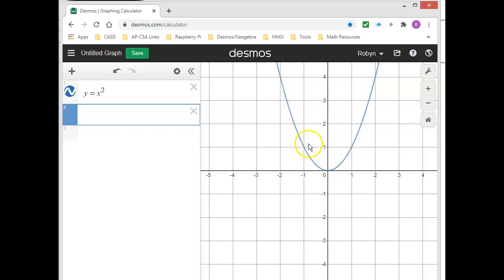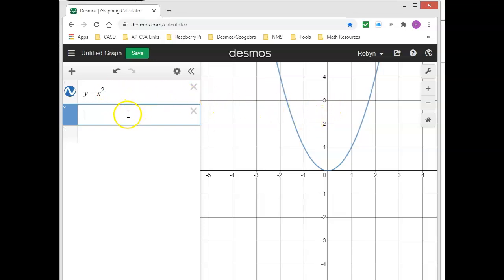So everywhere that I would draw a vertical line, it can only intersect at one point on that graph. And that's true of this parabola, the parent graph of the quadratic function. It passes the vertical line test.